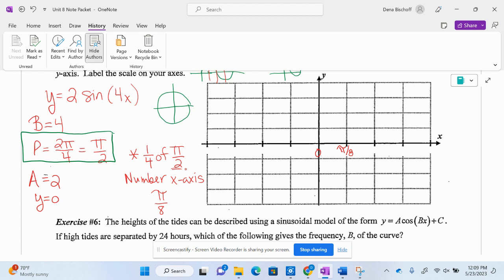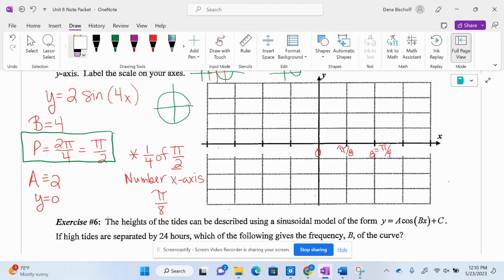And then our next one is going to be 2 pi over 8, which is the same thing as pi over 4, yes. And then the next one is going to be 3 pi over 8, and that can't be reduced. And then the next one is 4 pi over 8, which reduces to pi over 2.